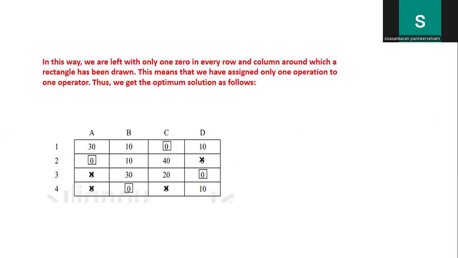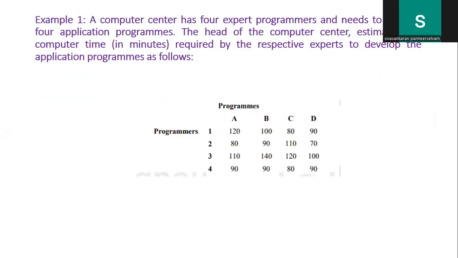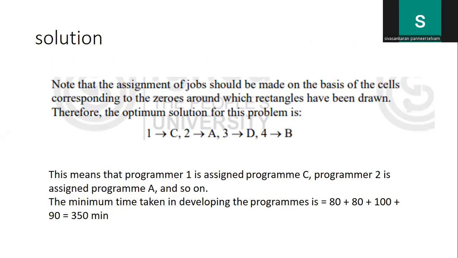These values are taken from the original timetable of the given assignment problem. How do I get this number? We have to go according to the sequence. By following the sequence, refer to the time value from the original table and calculate the total minimum time taken to develop all the 4 application programs by the various experts.